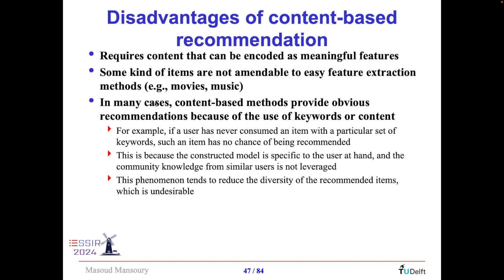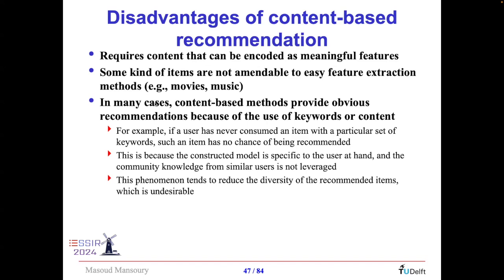The most important weakness for this approach is that sometimes it recommends obvious items to the user. So it is against the diversity of the recommendation. If a user has a history of interaction with action movies, all the recommendations in the future would be action movies, because it only follows the content information.